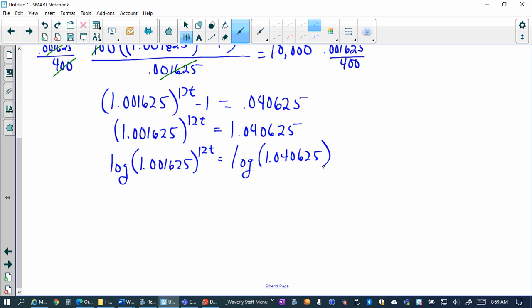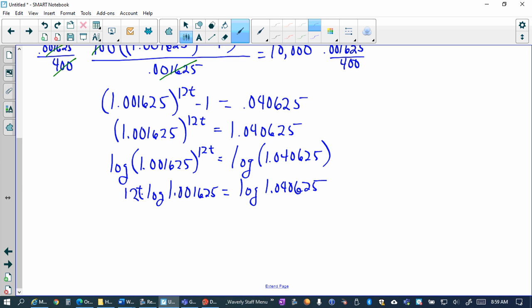All right, let's bring the exponent out front. So 12 times log of 1.001625 will equal the log of 1.040625. Oh, forgot the t, 12t. So now let's divide both sides by 12 log 1.001625.